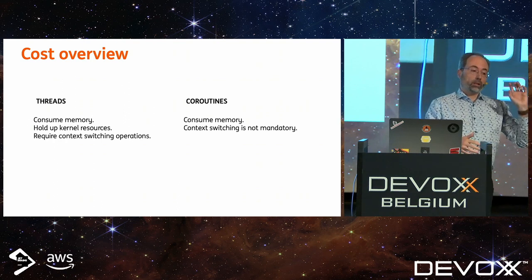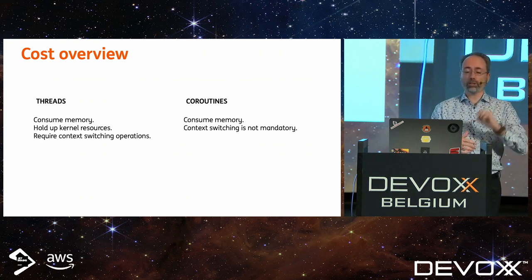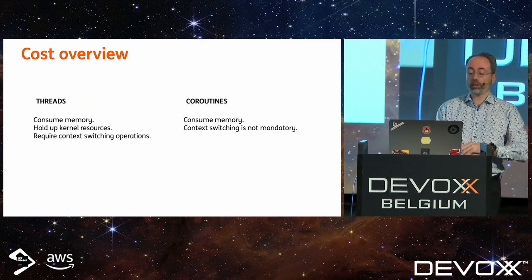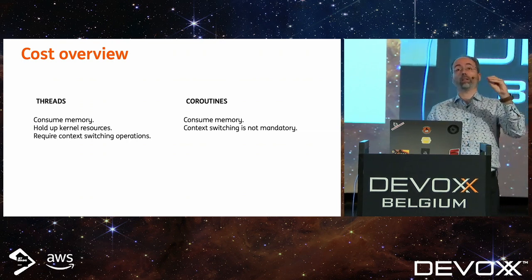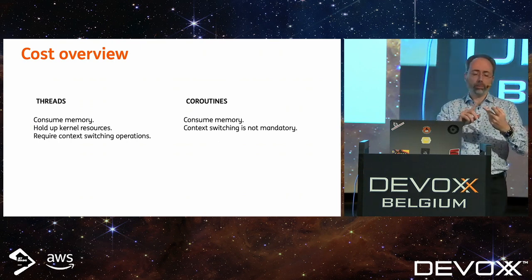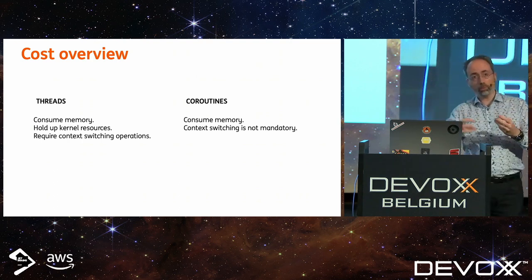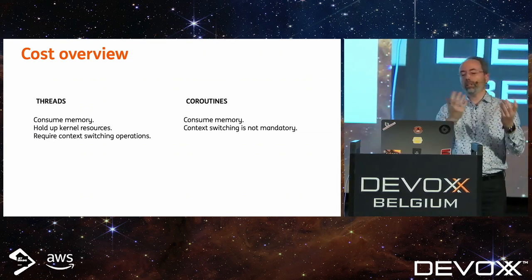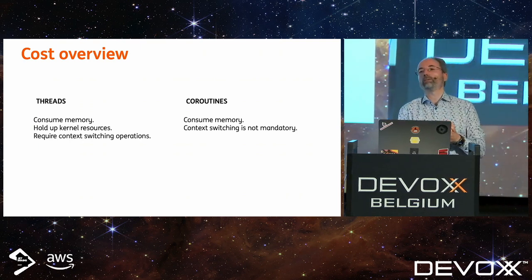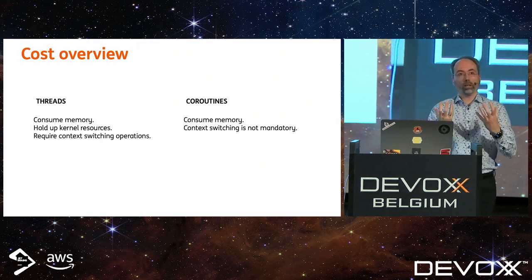Because threads are an operating system construct, and in this context, I mean software threads, each thread, besides the amount of memory it needs to work, and by this I mean the call stack, I mean local variables, it also consumes memory at the scheduler level, which is built on the kernel, and depending on the operating system, you may or may not have a hard limit on the number of threads allowed at the same time.